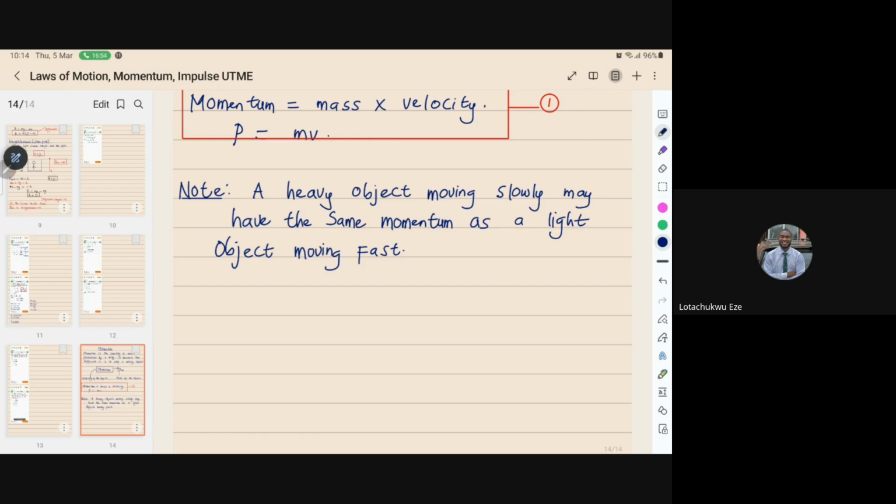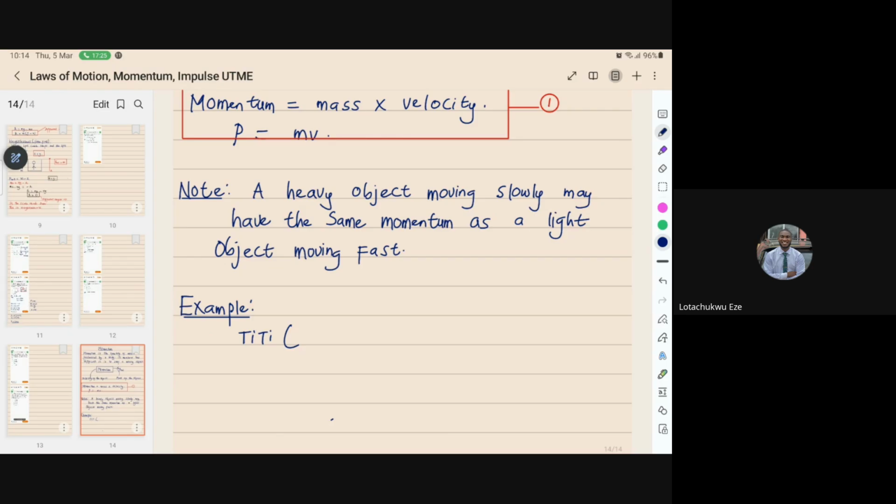Now let's have an object. Let's say that example now. Let me use people in the class. Let's say that Titi now, that her mass, let's say she has a weight of 50, which Titi looks like someone that is very slim from her voice.